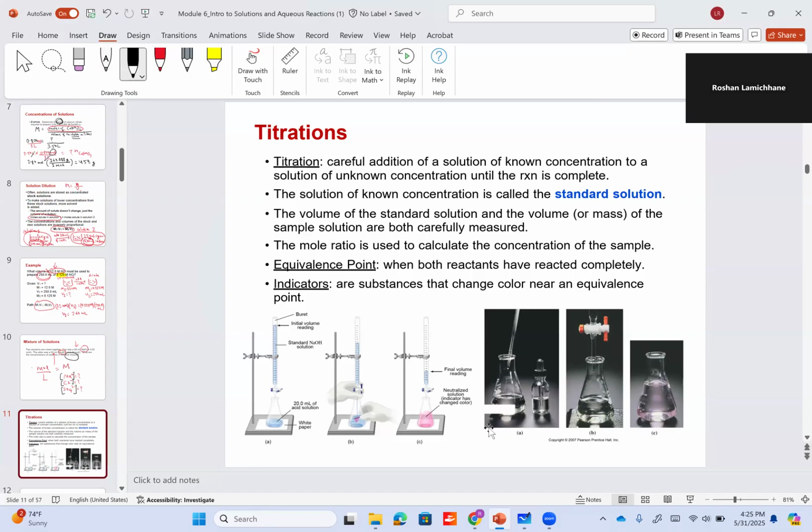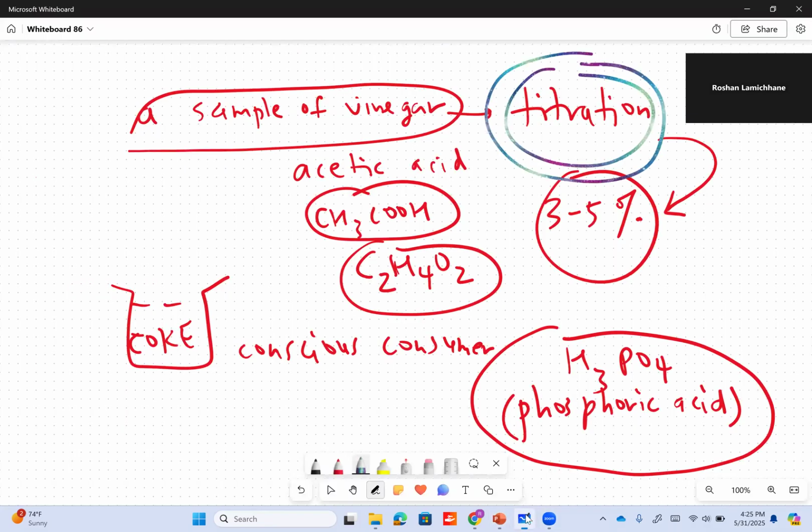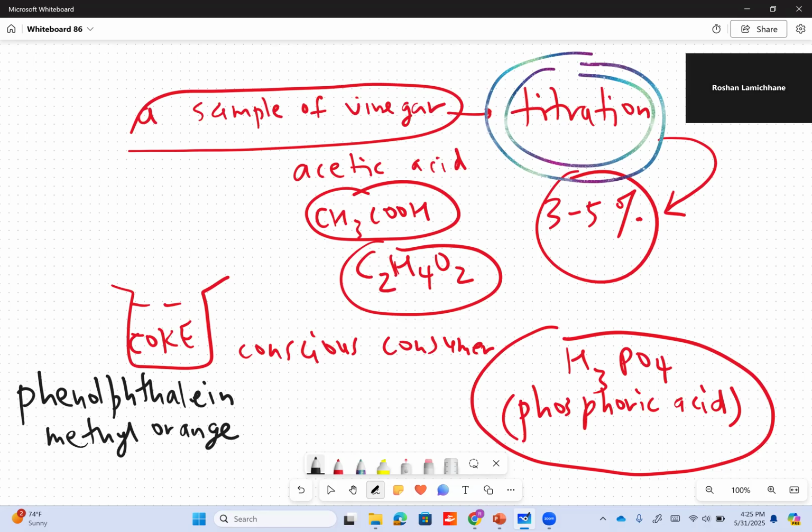Some of the common indicators that we use in the chemistry lab are phenolphthalein, methyl orange, and bromothymol blue. You don't have to memorize these, but these are some of the indicators that we use.